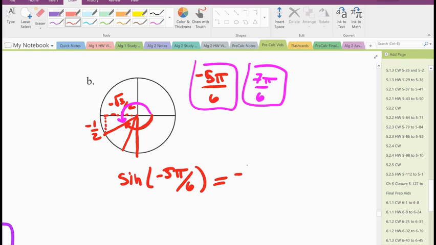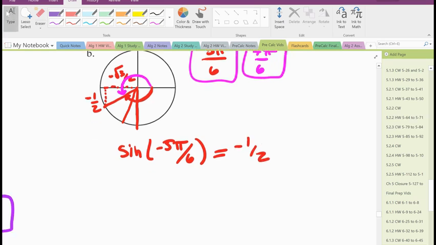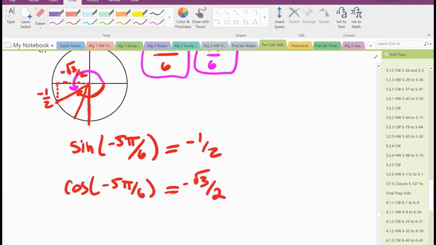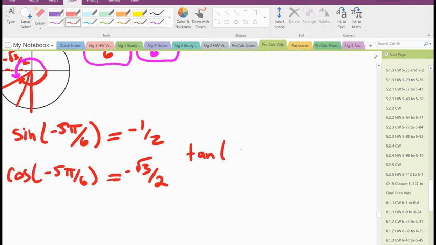Sine is my y value, so negative 1/2. Cosine of negative 5 pi over 6 equals the x value, which would be negative root 3 over 2. And then tangent of negative 5 pi over 6 is sine over cosine, so negative 1/2 over negative root 3 over 2.